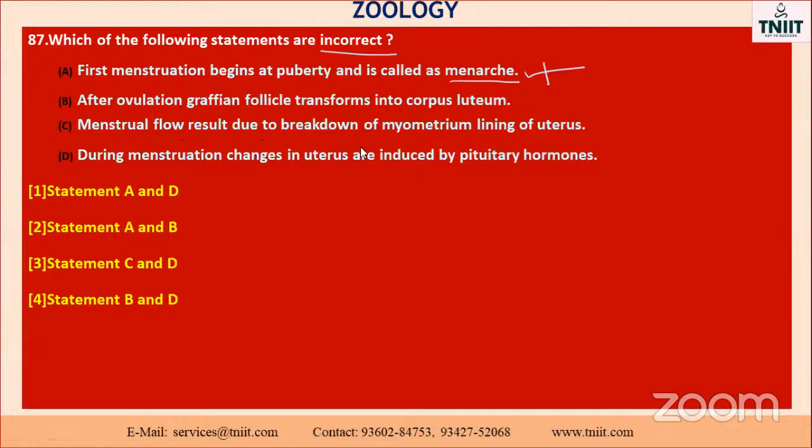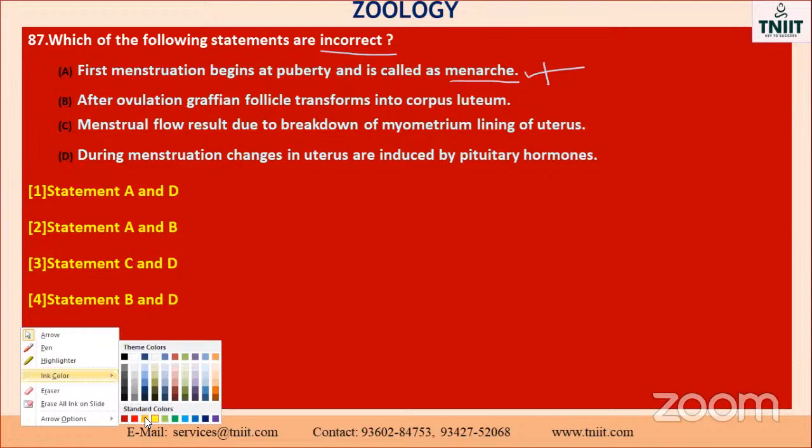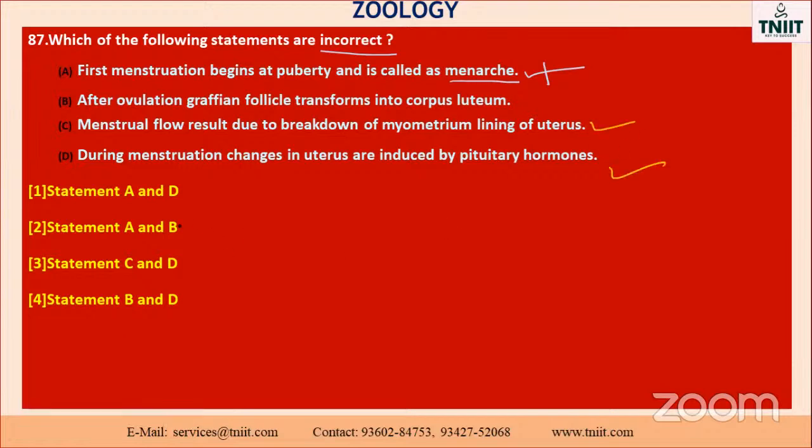Menstrual flow results due to the breakdown of the endometrium lining of the uterus is a correct one. Okay. And the last one is, during menstruation, changes in the uterus are induced by pituitary hormones also. Yes. Both are very, very important. The first two are wrong. And then the last two are the right answer. The option is B. Okay. These are direct questions, my dear. Direct questions. Okay. So that is very, very important.